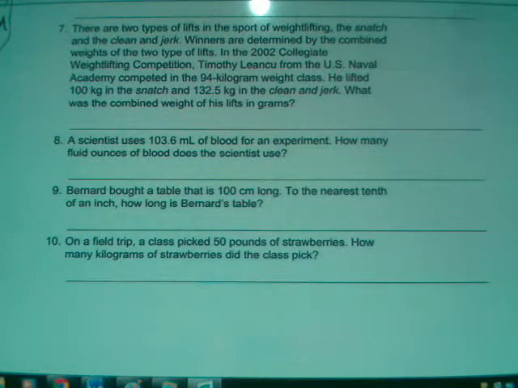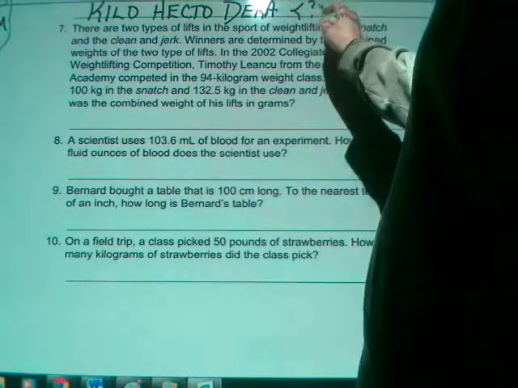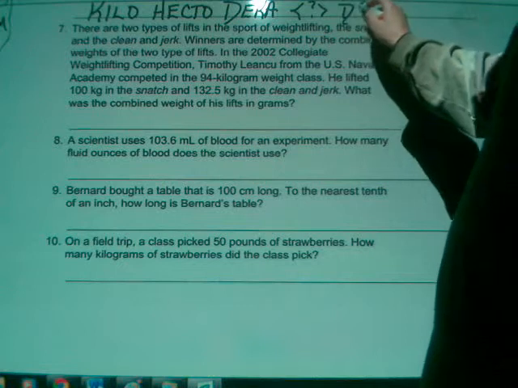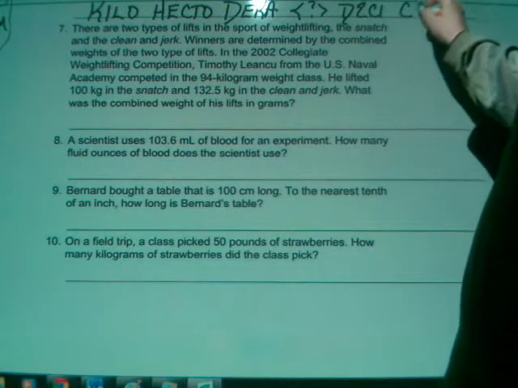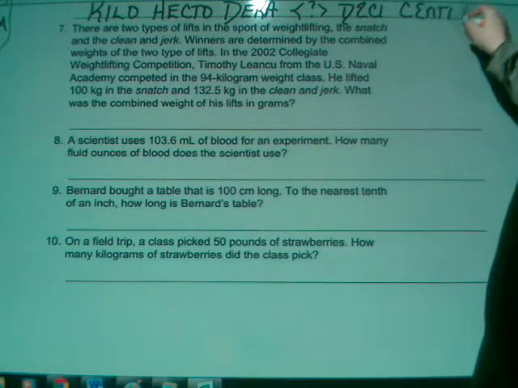So obviously we need to put these all into grams in order to be able to find their combined weight. So once again, we need those metric prefixes that we've worked with a couple times on this homework alone and that we started with last year. Here they are again. Starts with kilo, hecto, deca, and then the unit, either meter, liter, or gram, and then deci, and then centi, and then milli.